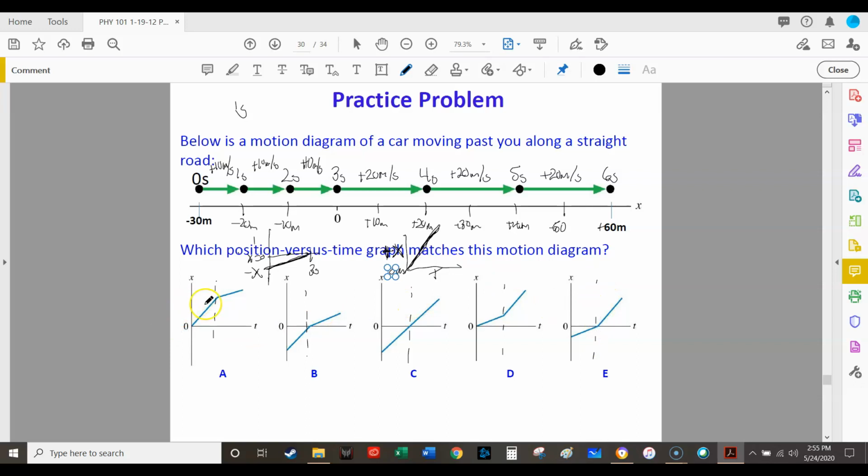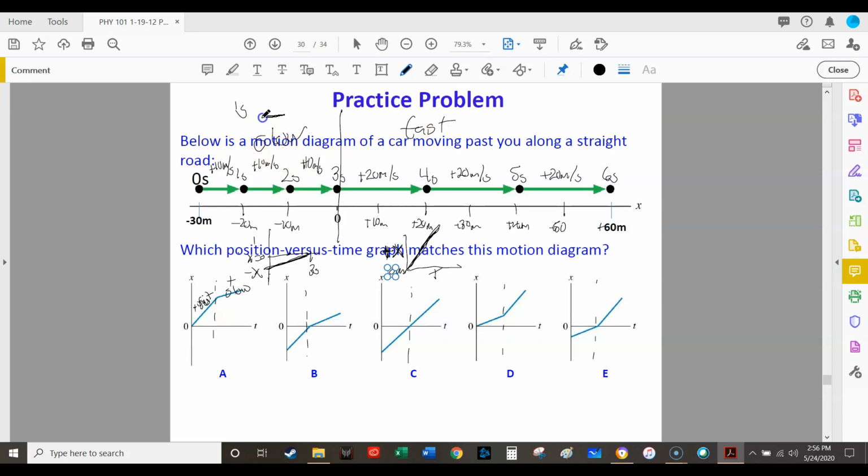Okay, so this first line shows a very steep, so this is going to be a positive position, and it's going to be fast. And then it goes slow, but it's a positive position. So this graph right here is actually showing exactly the opposite of what's happening here. This object starts off slow, and then right here it goes to fast.